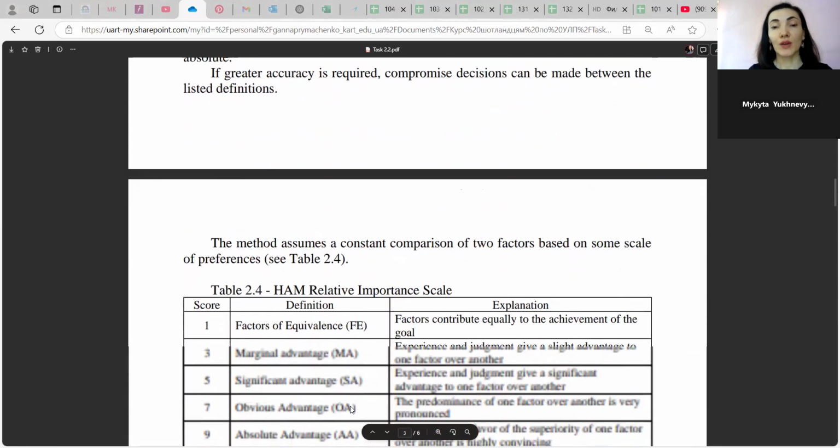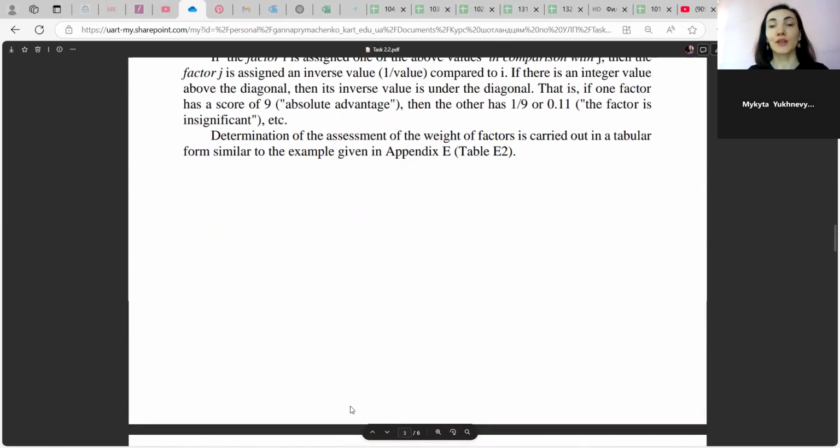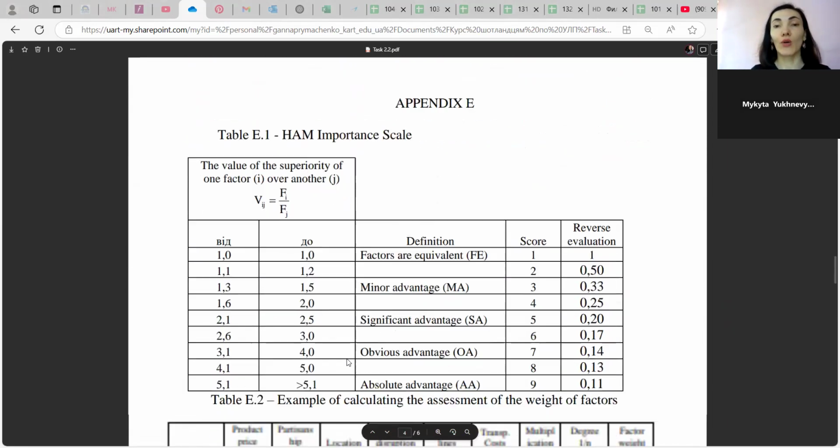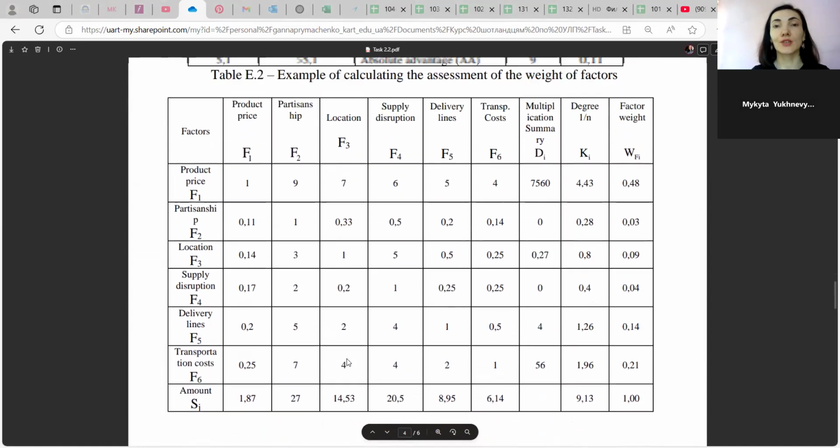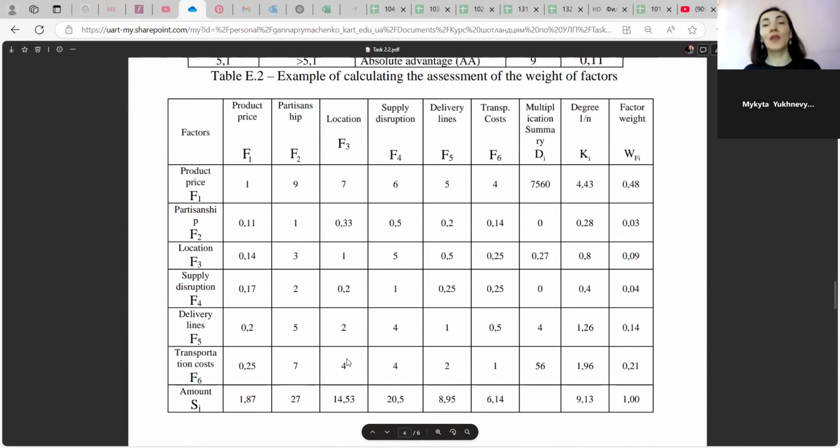Now I opened the table. It is an example of such a table, and we find all factor weights. The sum of all factors was 1 for every variant.